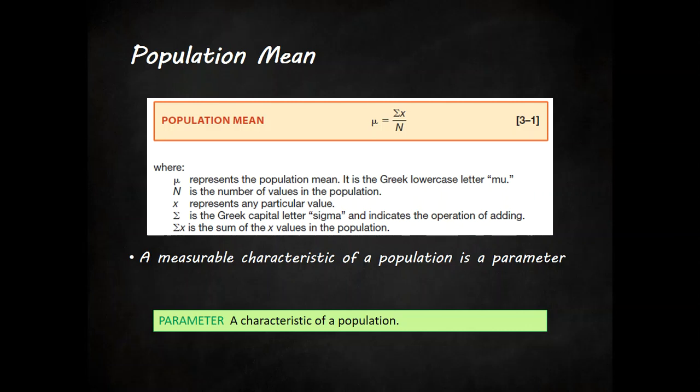Okay, so you're looking at the population mean. That's a parameter of the population.